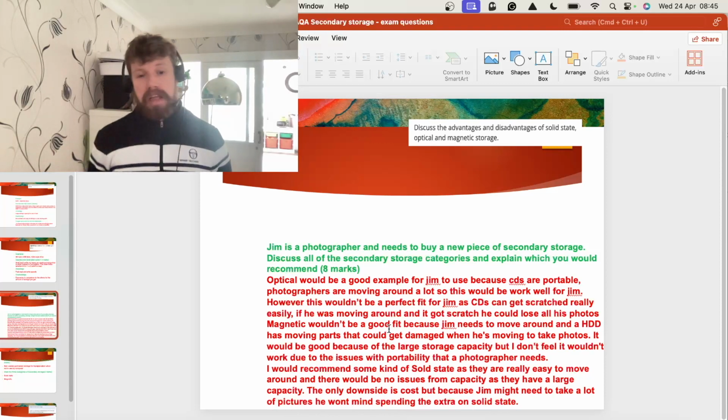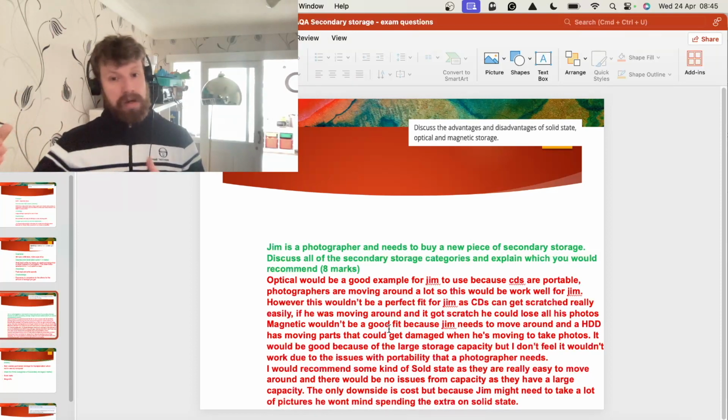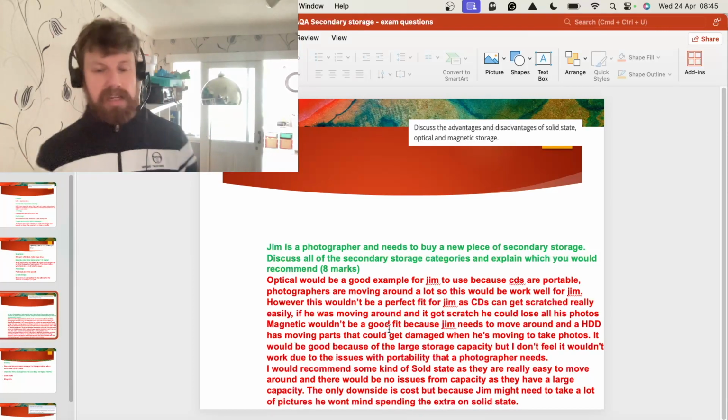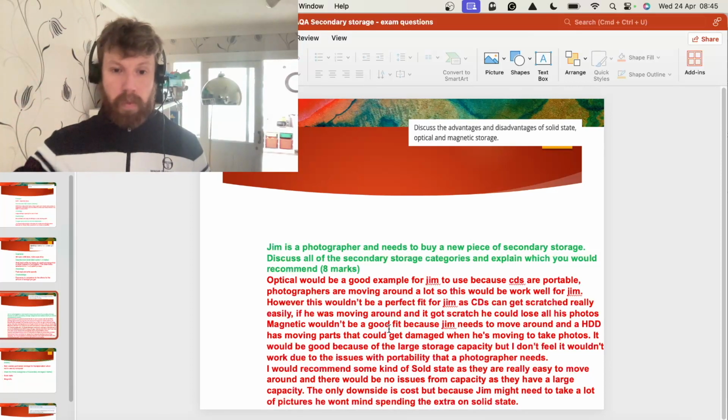You've also got things in there where you need to make sure that you're making points about all of them. And also, if you can, make an advantage point and a disadvantage point. The discussion questions, they're trying to see, do you understand the whole argument? So that's why you've got to say an advantage for one of them, and then a disadvantage for the next one.